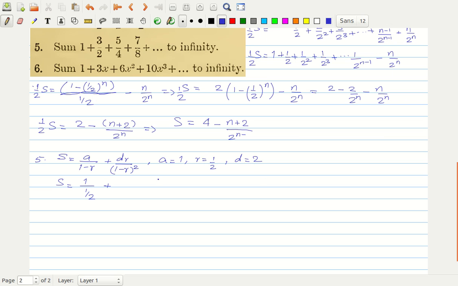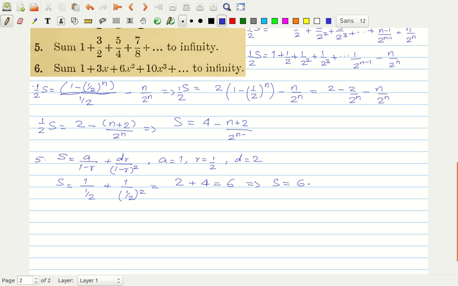So 2 times half is 1. 1 minus r is half, so it is half square, and you get this term is 2, this term is 4. So you get sum is equal to 6. So this implies that the sum of infinite number of terms of this sequence is 6.